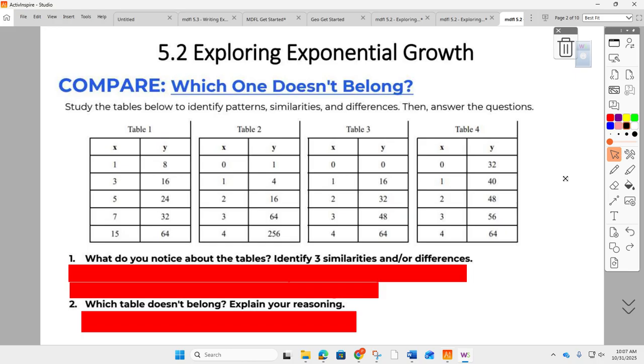Lawson, do you notice anything? Nothing that they all have them. Okay. Well, they all have an X and a Y coordinate, right? These 3 tables start with 0. This one starts with 1.